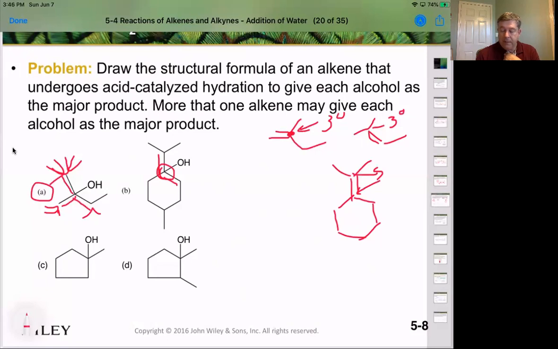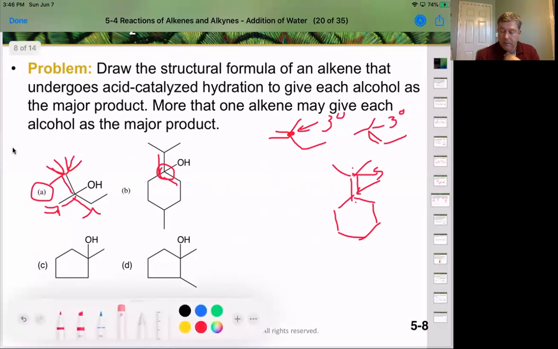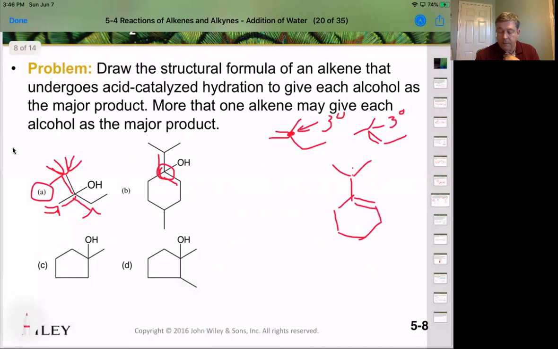They would both give us tertiary carbocations, which means our double bond has to be somewhere else to make sure it doesn't show up in that other carbon. Our double bond has to be down here so that we only get a tertiary carbocation and a secondary carbocation. So when we're deconstructing these things, we need to think about how we can get just one tertiary carbocation.